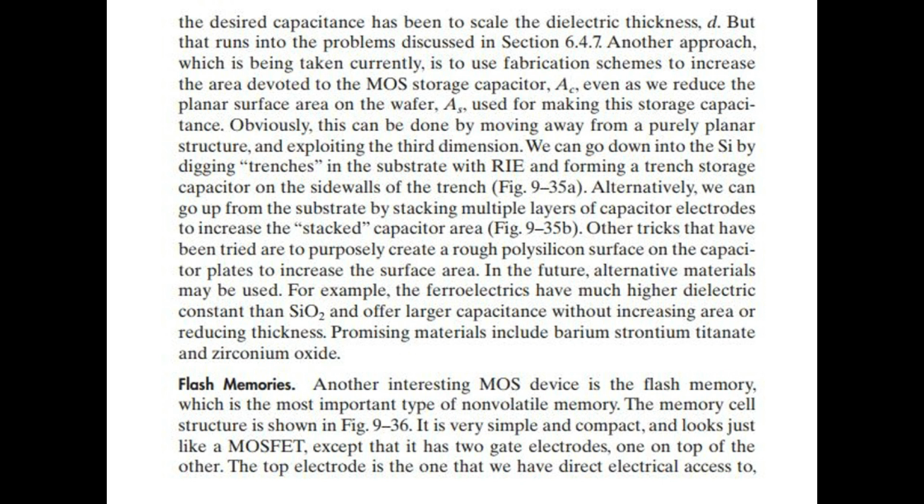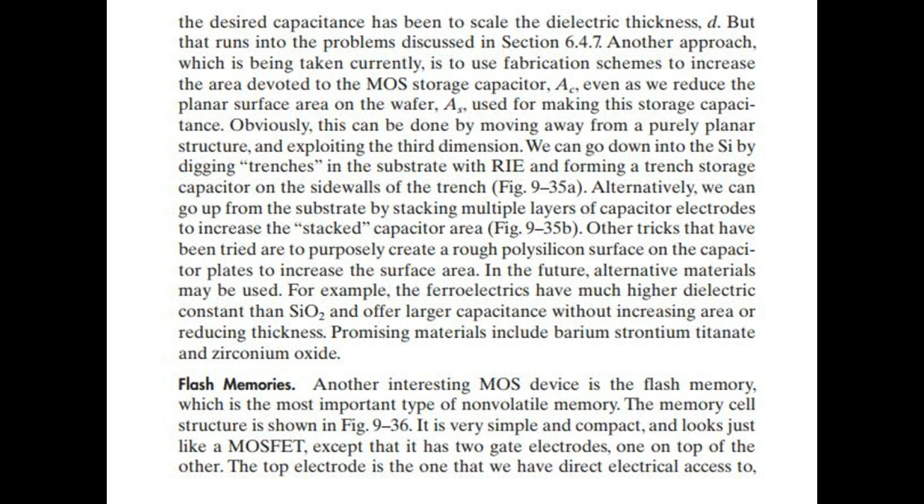Another approach, which is being taken currently, is to use fabrication schemes to increase the area devoted to the metal oxide semiconductor storage capacitor, Ac, even as we reduce the planar surface area on the wafer, As, used for making the storage capacitance. Obviously, this can be done by moving away from a purely planar structure, and exploiting the third dimension.